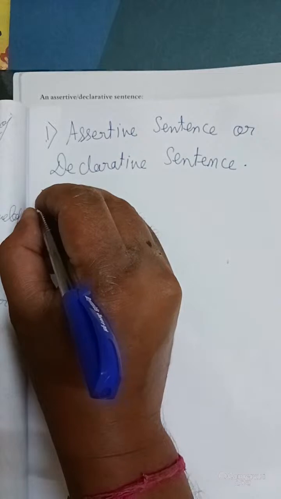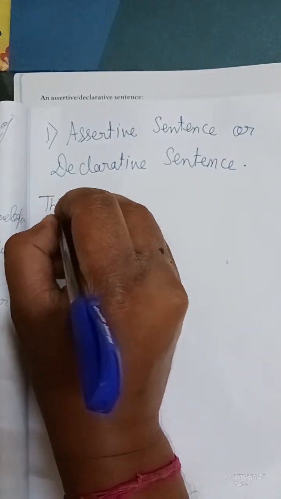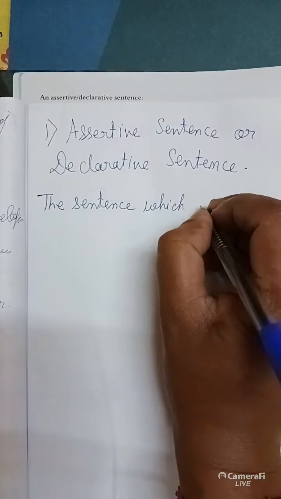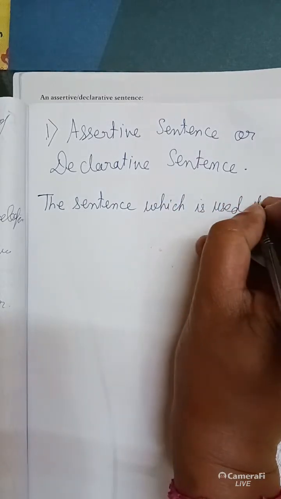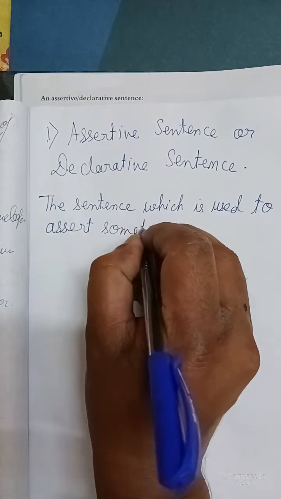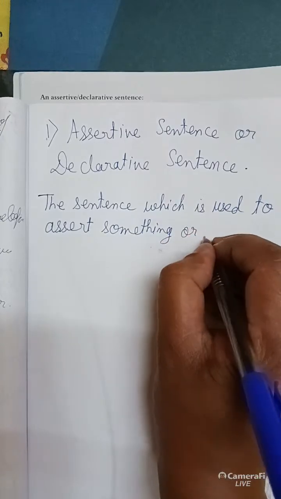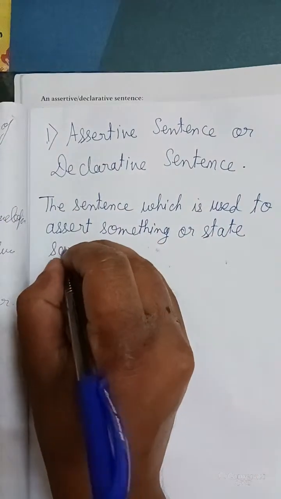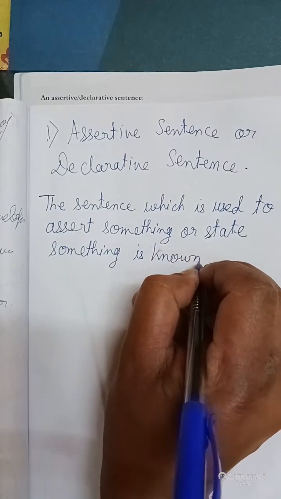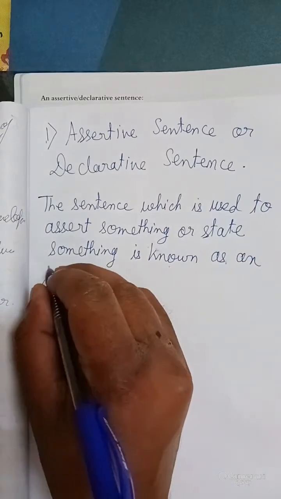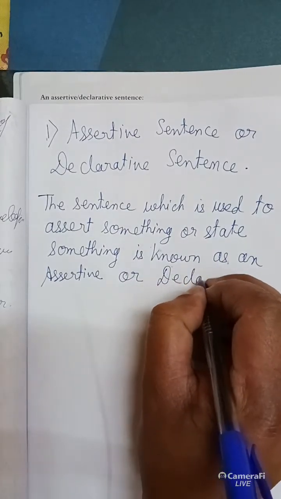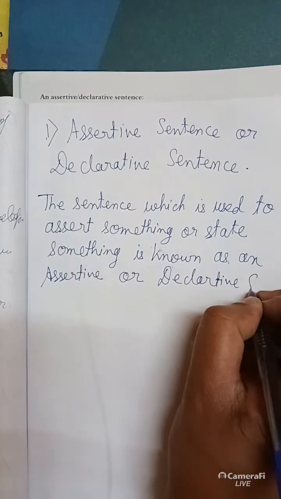So, the definition can go like this: the sentence which is used to assert something or state something is known as an assertive or declarative sentence.